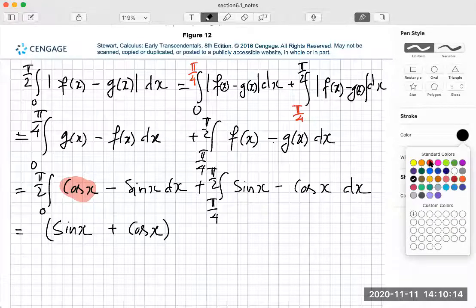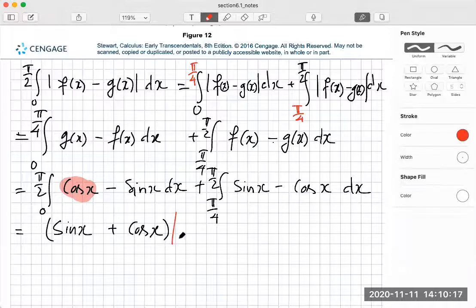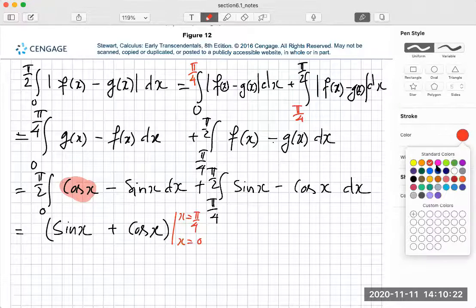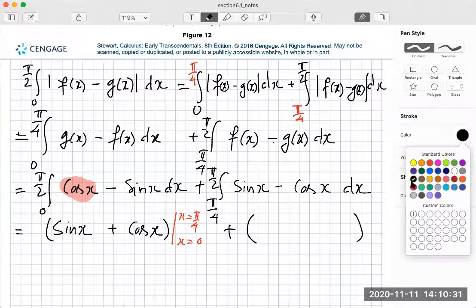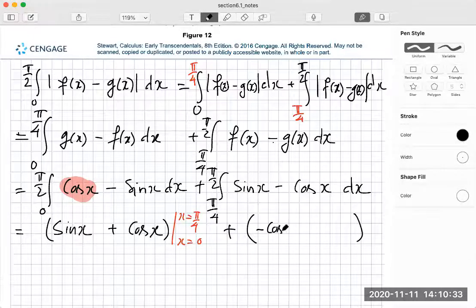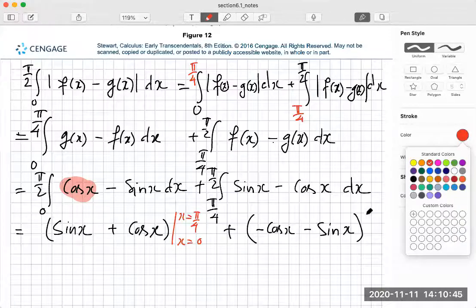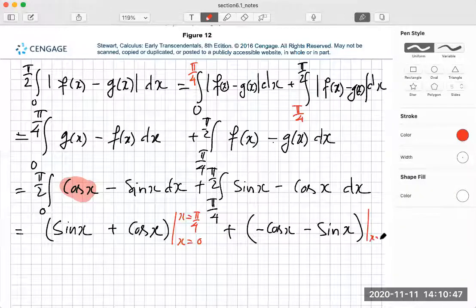And it is from x is 0 to pi over 4, right? The second integral, what do we have here? Good job. Negative cosine, and here? Yes, negative sine. Let me just write it, pi over 4 to pi over 2, okay?